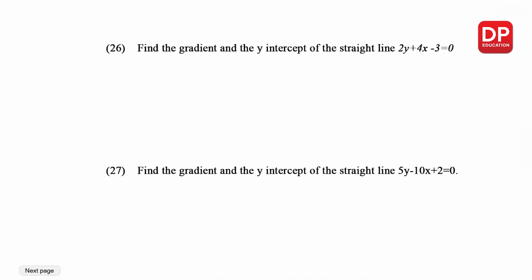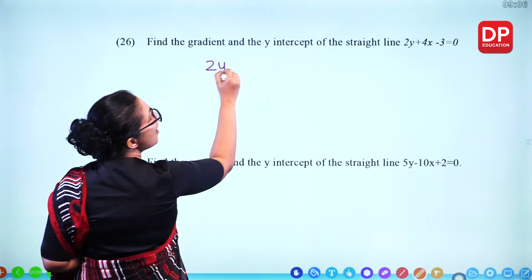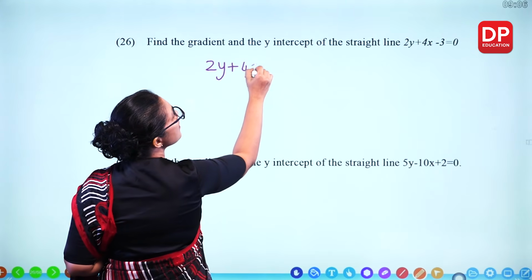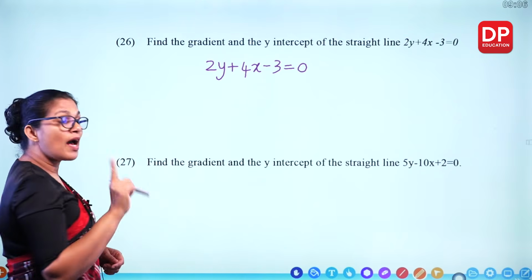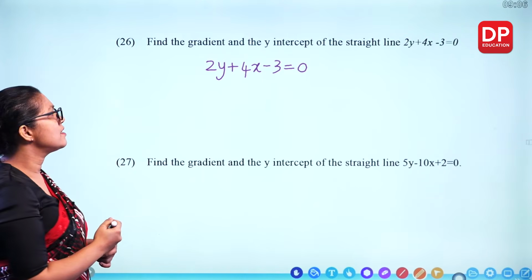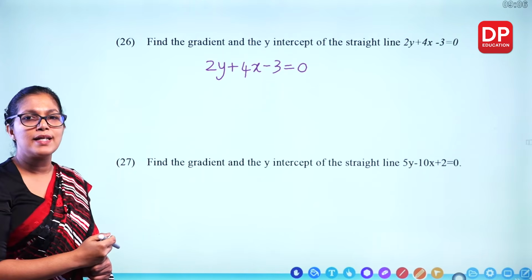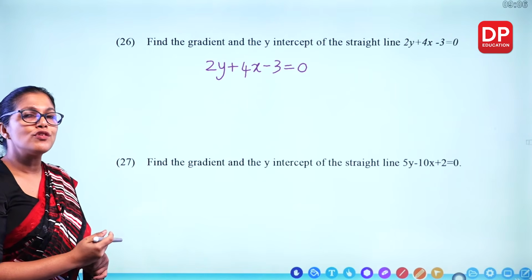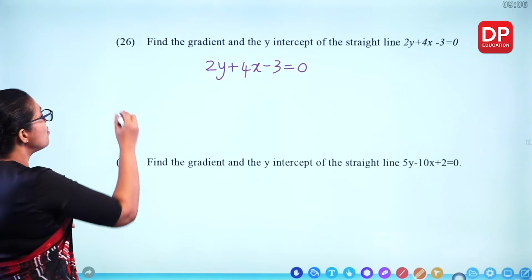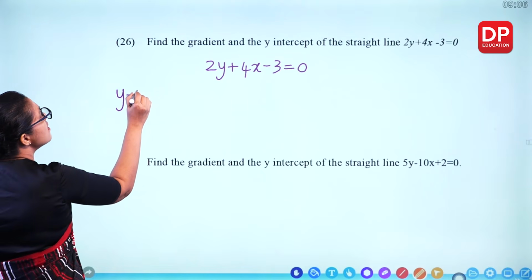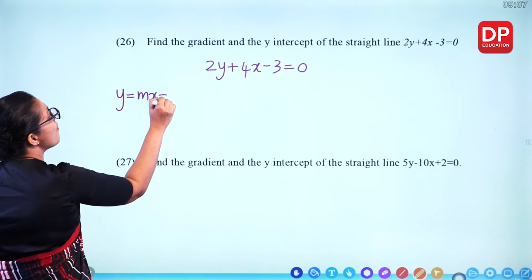Find the gradient and the y-intercept of the straight line 2y plus 4x minus 3 equals 0. So now without drawing, how we identify the slope and the y-intercept? So you have to rearrange this equation so that you get y equals mx plus c form.